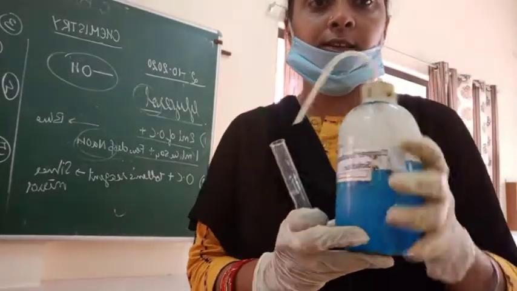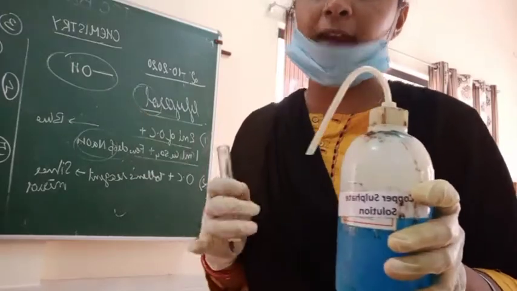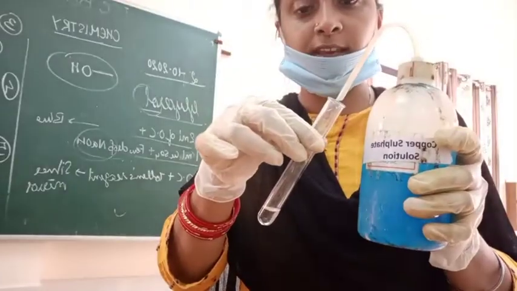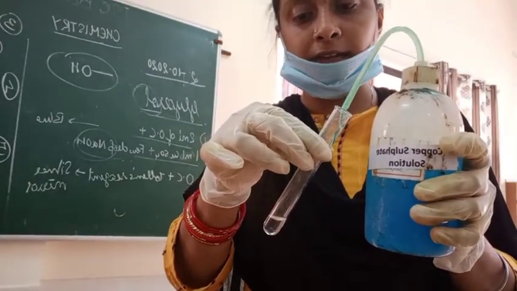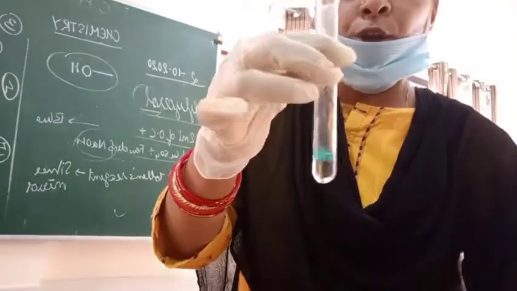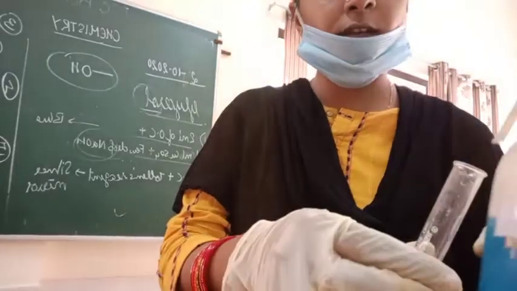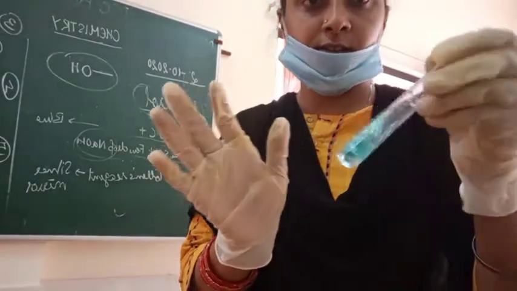You can see here, this is your copper sulfate solution which is already prepared and kept in your racks. So to this I am adding copper sulfate, a few drops. See how I am adding. You don't have to dip the nib inside, otherwise it will get contaminated. So you have to shake this, a few drops of copper sulfate solution, and shake this glycerol.